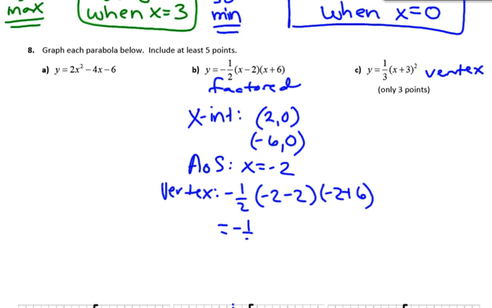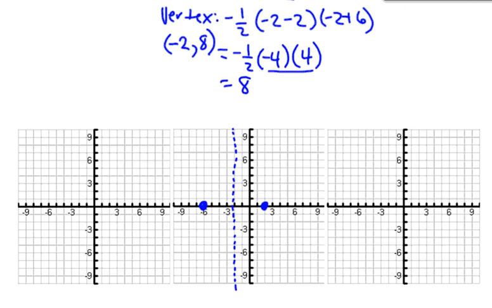So we get negative 1/2 times negative 4 times 4. I always multiply my big numbers first. So 4 times negative 4 is negative 16. And negative 16 times a negative half, you get positive 8. So I plugged in negative 2, and I got out 8. So now let's plot that point, negative 2, 8, and that should be my vertex.